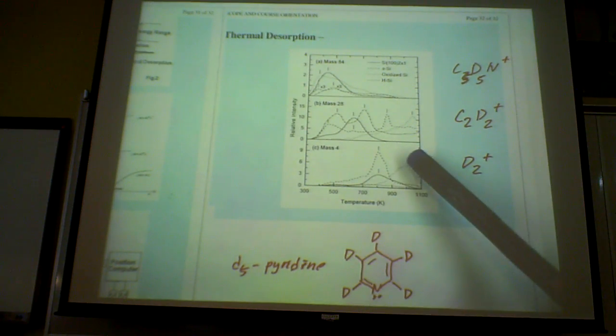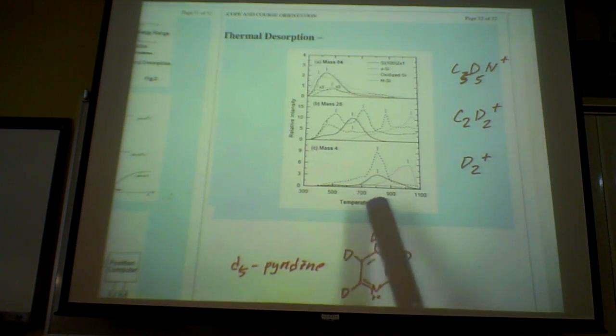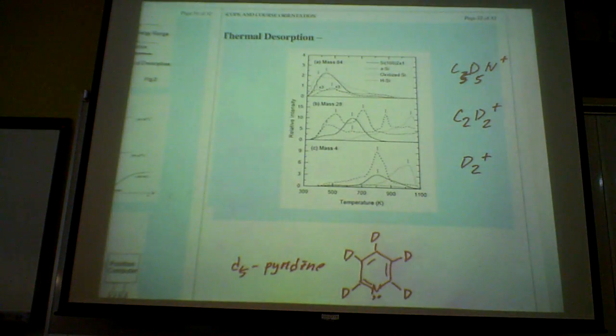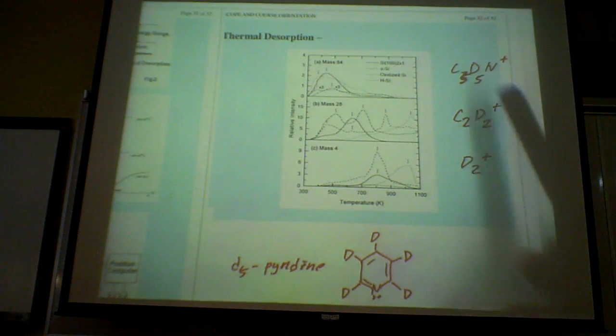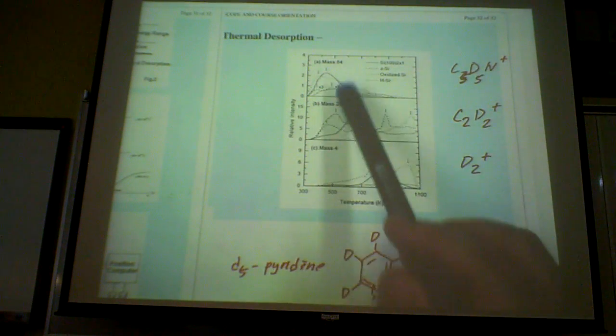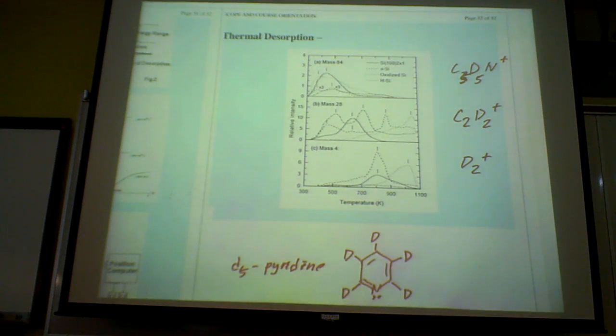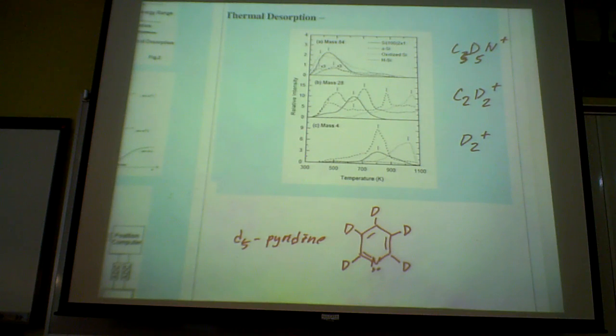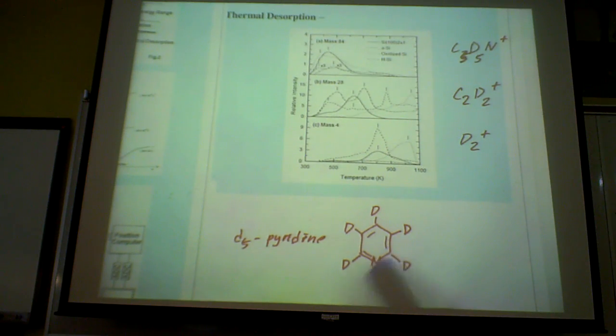You basically just heat it up as a function of temperature here, and then you detect the fragments that come off, and use a mass spec to identify them. So you can see different fragments that come off. Pyridine is a molecule that looks like this, a six-membered ring with a nitrogen like this. This is deuterated pyridine, where you replace the hydrogen with deuterium atoms.